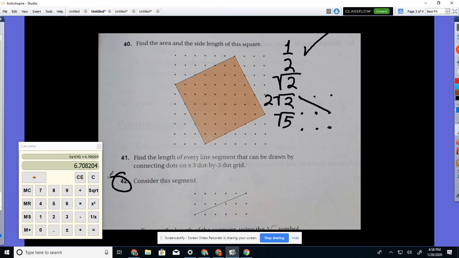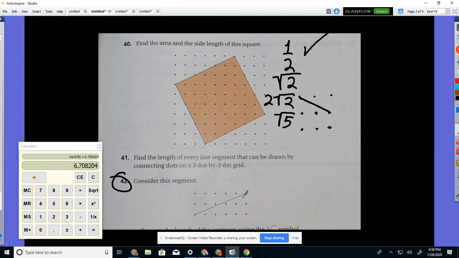Final question. Consider this line segment. The question is actually underneath the problem. It says, express the length of the segment using the square root symbol. The area of this, these are some tough questions, guys. If you're able to pull these off, good. If you're following along with the video, good job being persistent.